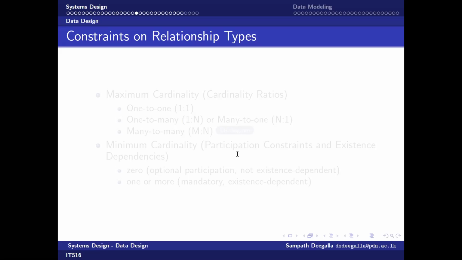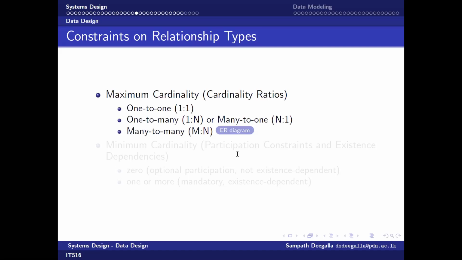Maximum cardinality. I have not explained cardinality ratios in detail, but let me use it here for the explanation. Maximum cardinality means that for each entity type which has a relationship, we have to identify the maximum number of instances which actually participate.